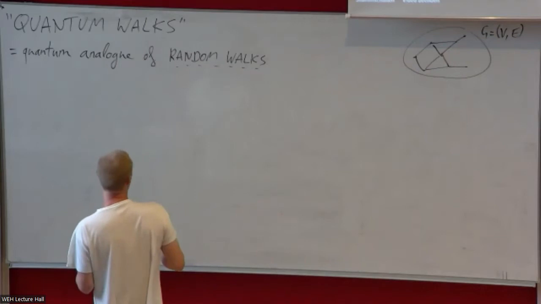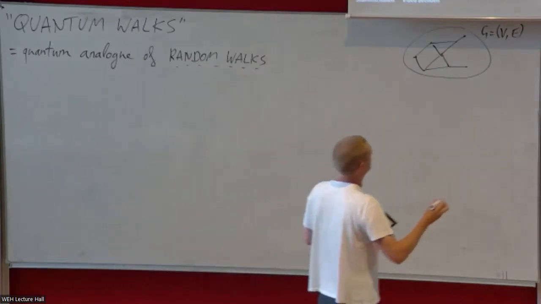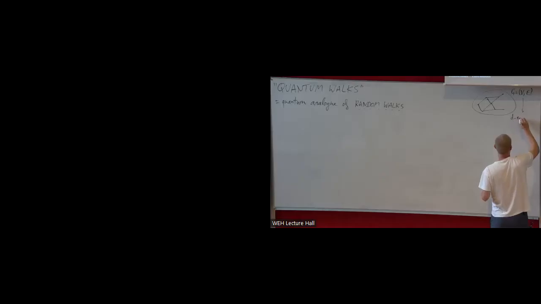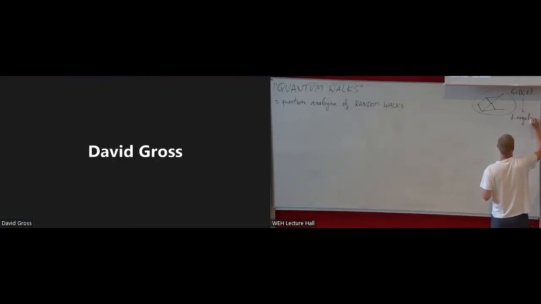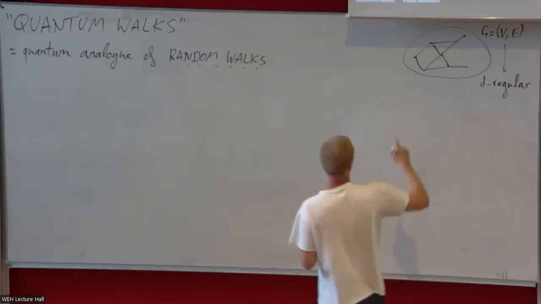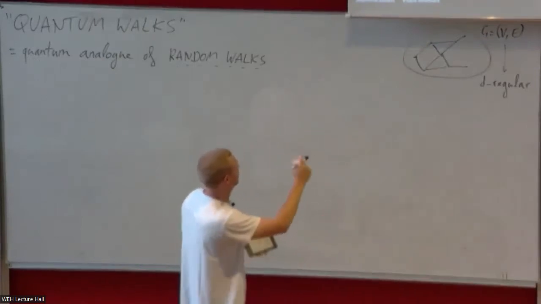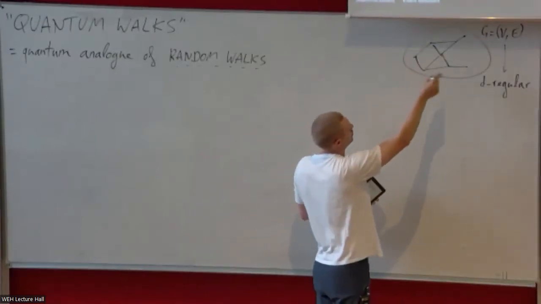And in fact, I'll assume that this graph is, and this will be for the better, regular, d-regular in particular. So this one is not d-regular, and it's not so easy to make it d-regular, so I'm not going to try. So d-regular just means that every vertex has the same number of neighbors, right?